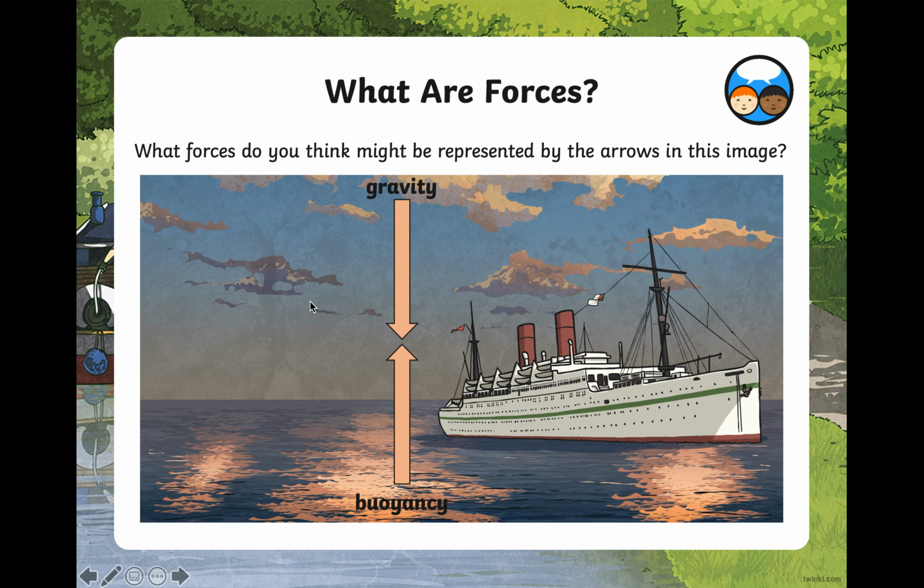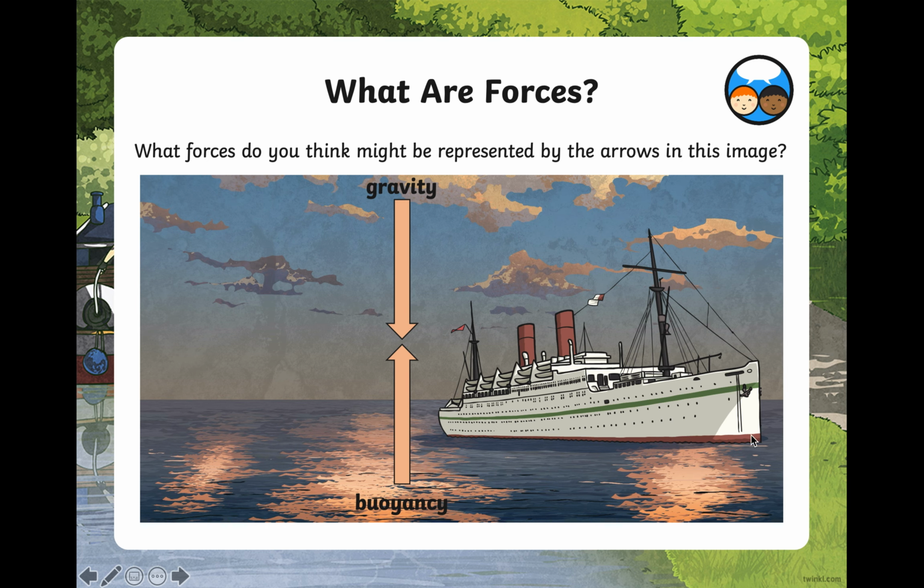Now, I want you to notice how it's a straight line, vertical, and it's downwards when we write gravity. Okay, and if the gravity was 500 newtons, the buoyancy is 500 newtons. So when you subtract them, it's 500 minus 500, which is equal to 0 force.